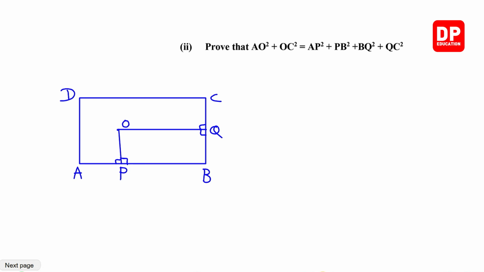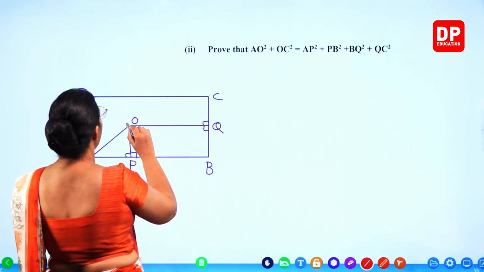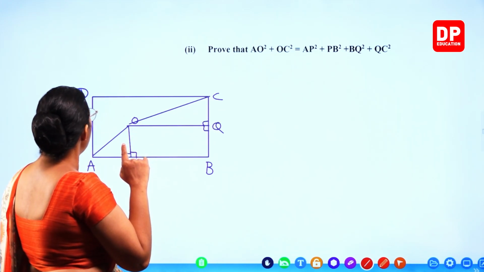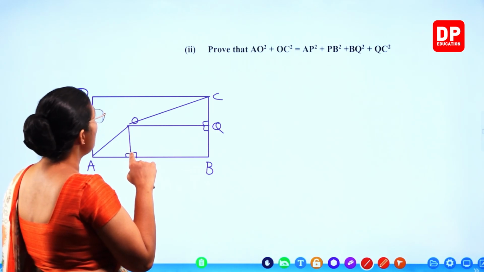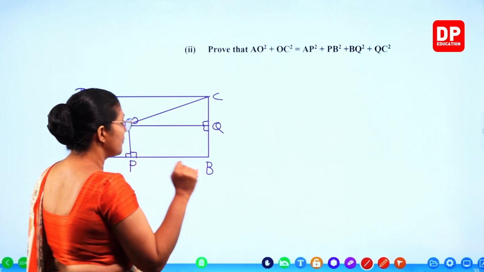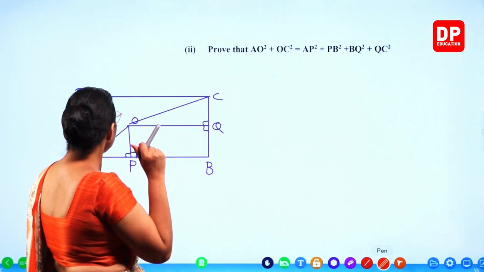Prove that AO squared plus OC squared is equal to AP squared plus PB squared plus BQ squared plus QC squared. So let's start to do that.